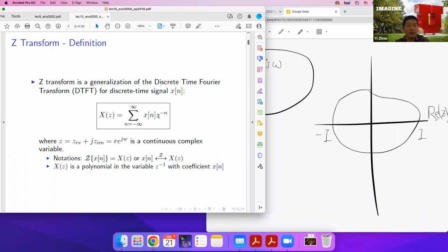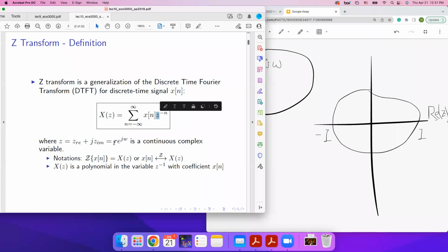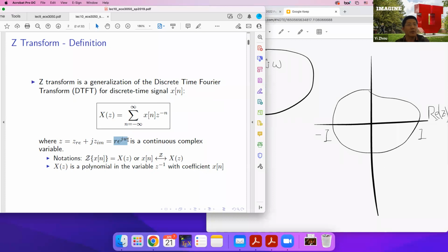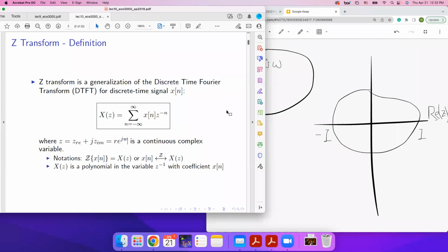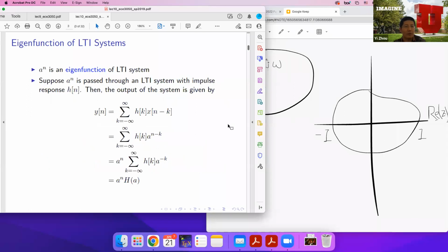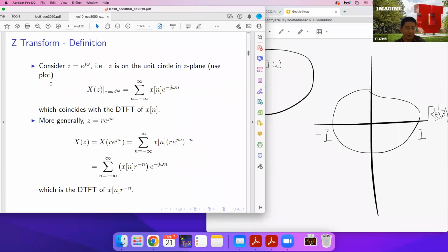So in the Z transform, we replace e to the power of j omega by r times e to the power of j omega. This is the standard polar form of a complex number, so it can cover arbitrary complex numbers over the 2D plane. However, if we set r equal to 1, which corresponds to the DTFT, then e to the power of j omega only covers the circle.